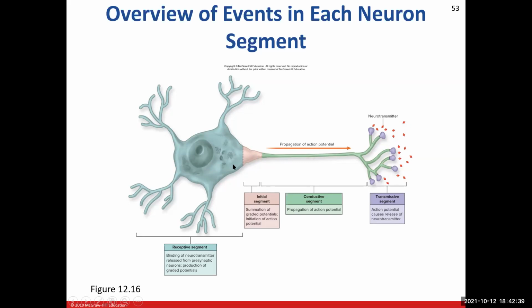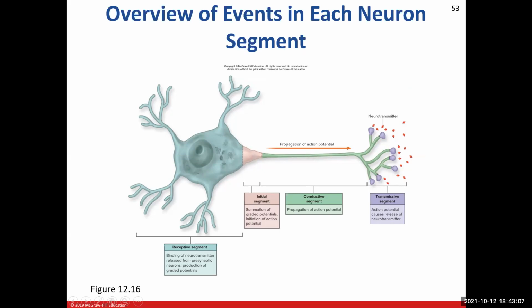But ideally, whatever happens in these dendrites or in the cell body, our main goal is to get this area here to initiate an action potential. So I'm going to talk about what's going to happen here. But our ultimate goal, so we can generate an action potential, is to initiate that action potential in this area. We're going to talk about how that happens.